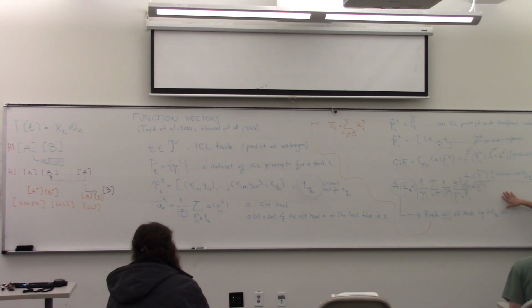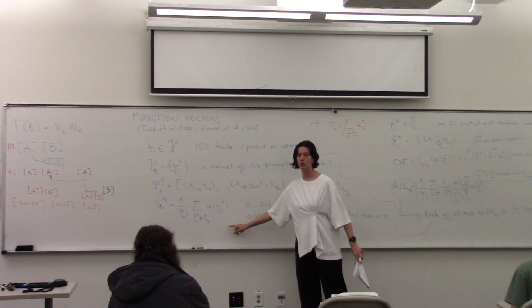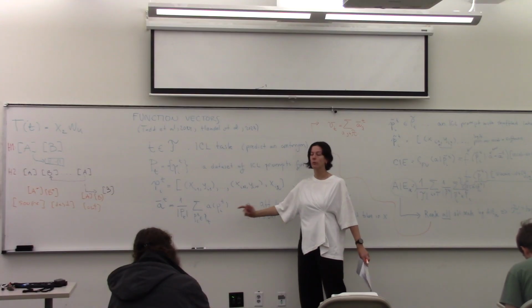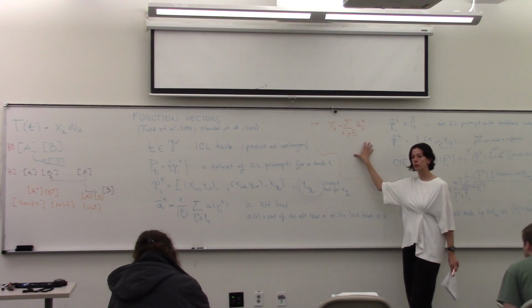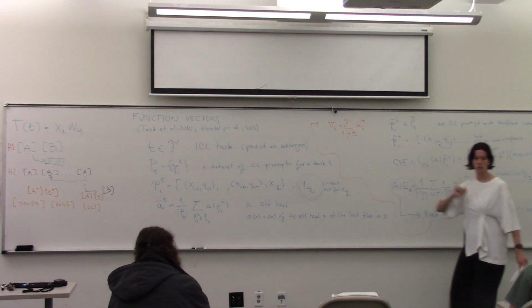Then we took the average over tasks and prompts. Using that score, we could rank all of the attention heads across all layers and all heads in each layer, and take the top 2% of them by that score. Then we take the mean output of each one of these top 2% heads, average those, and call that the function vector. And that's the vector we're going to use next.